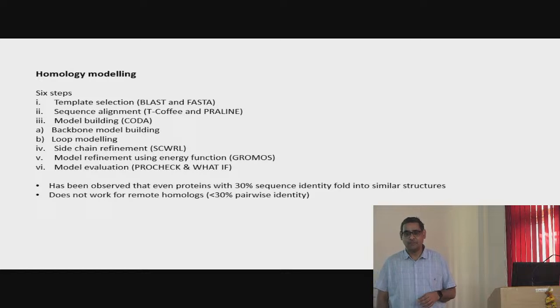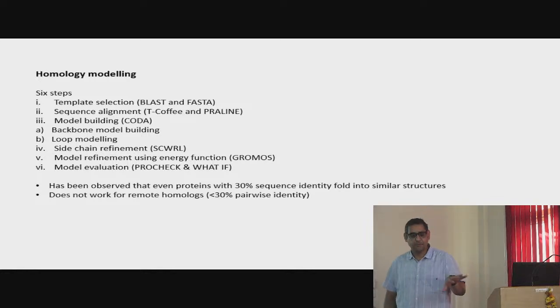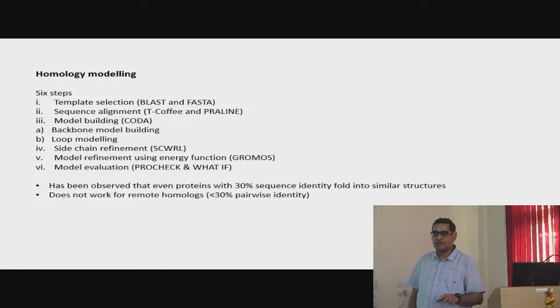Side chain refinement is also challenging. So these are simple things you can try with 1 or 2 proteins which we can give you, in the smart classroom where you have this mouse facility, if you have mouse. But if you don't have mouse, then you cannot do it accurately, but you can manage it.